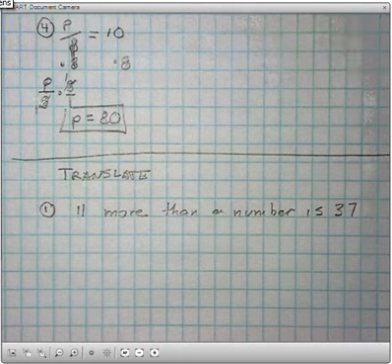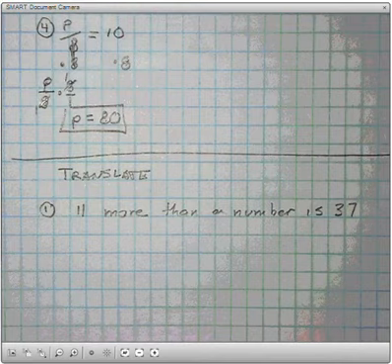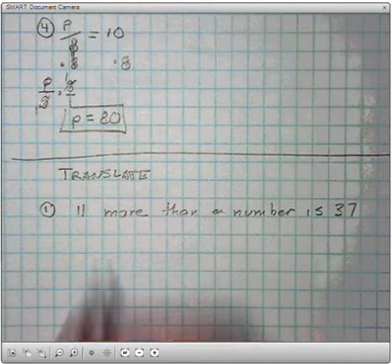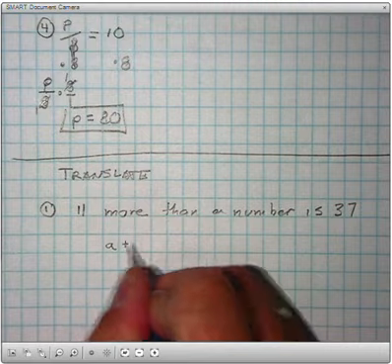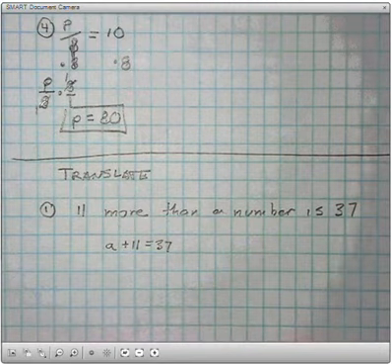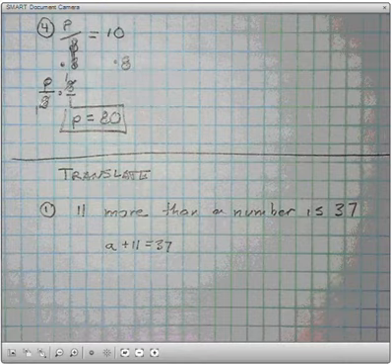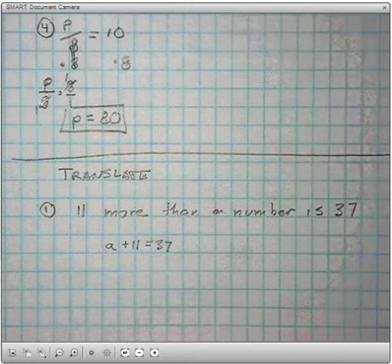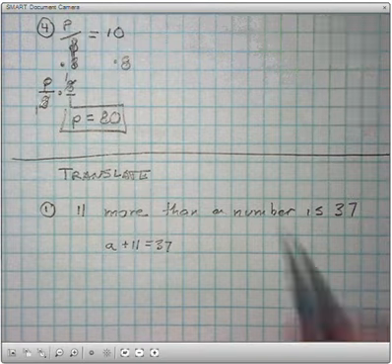Scout, are we translating it into a number problem? Yep. So it would be A plus 11 equals 37. Agree or disagree? Agree. I do too. And I think the way that he wrote that was a really good way to write that. 11 more than a number.